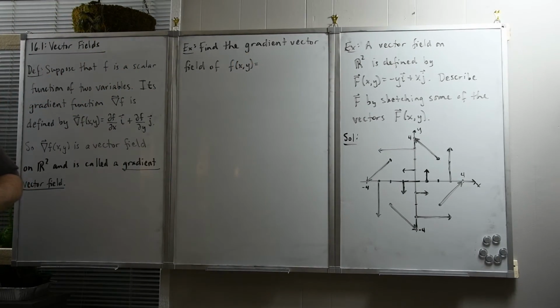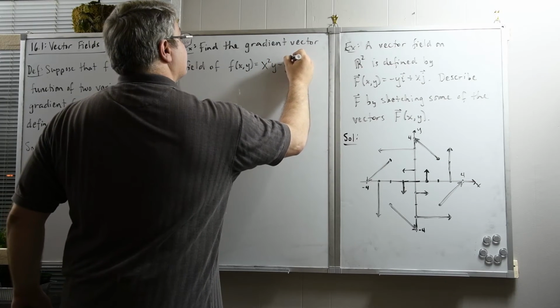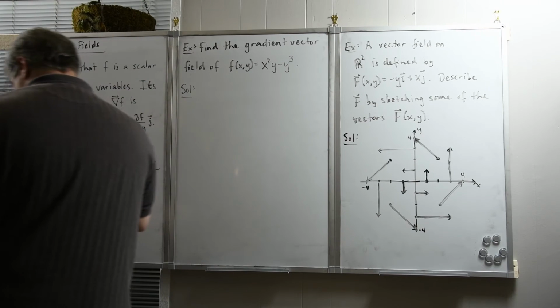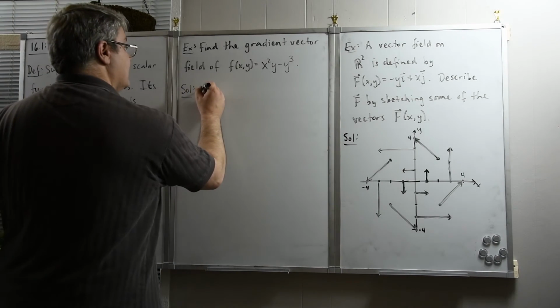So here we're going to find the gradient vector field of f of x,y equals x squared y minus y cubed. All right. So to find the gradient vector field, this is what we do.